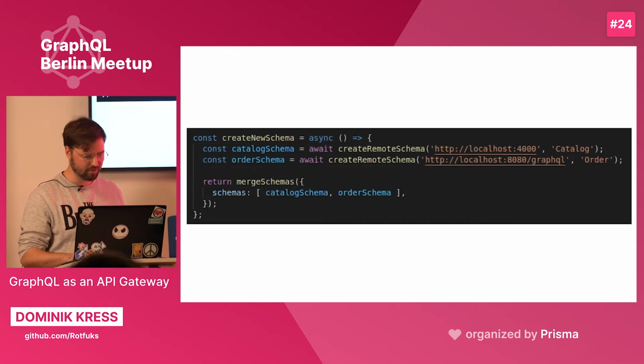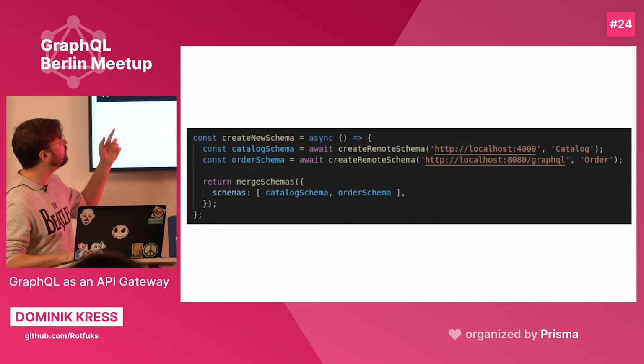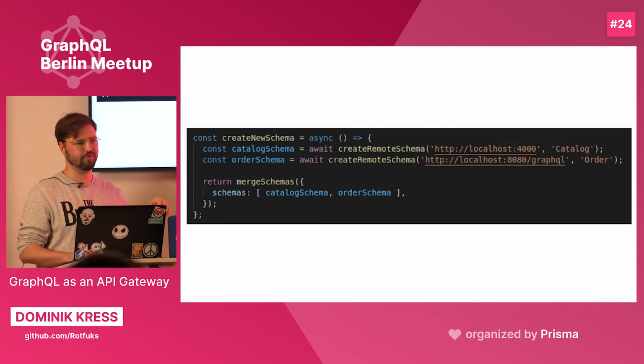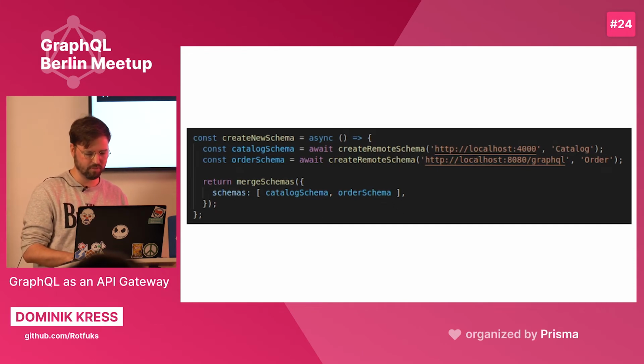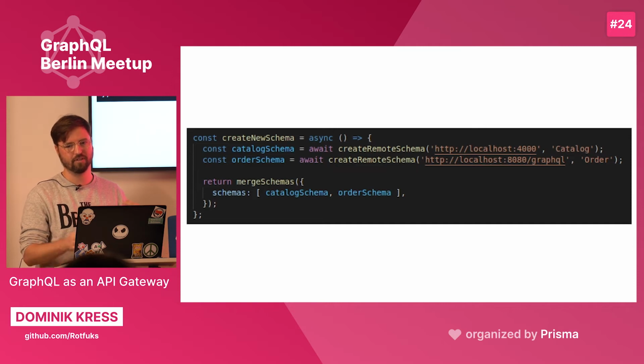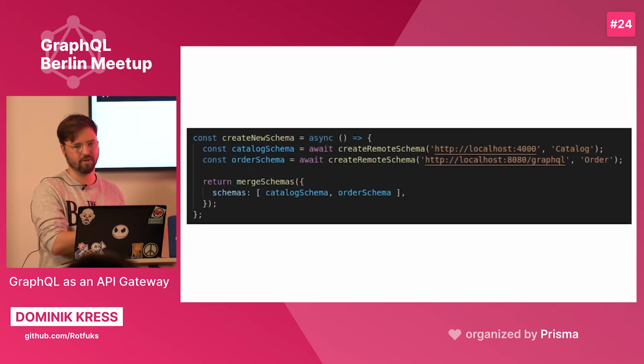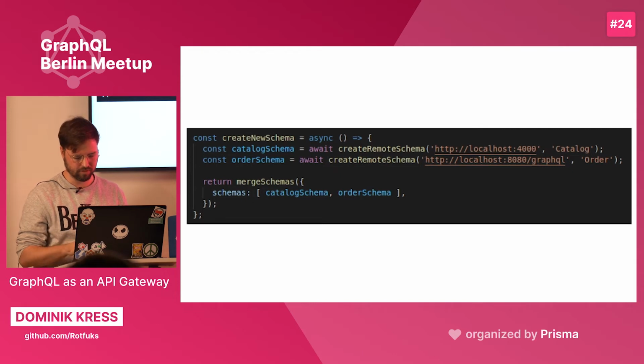But also here, we transform some of those fields. So if we now get a query with an order customer, the actual order schema doesn't know how to resolve it, or your API gateway doesn't know how to resolve it, since it doesn't have an order customer within one of those schemas.